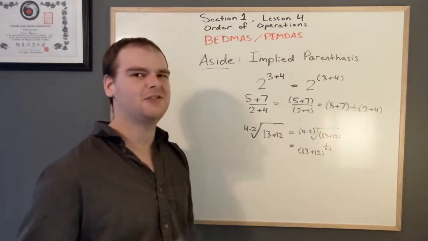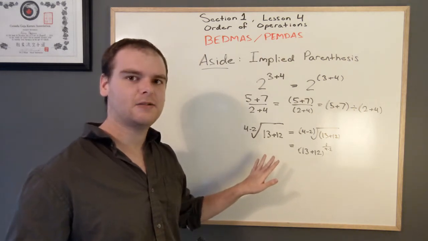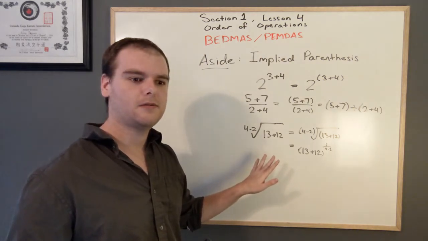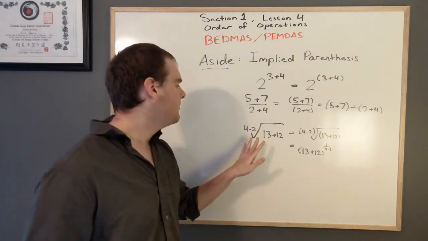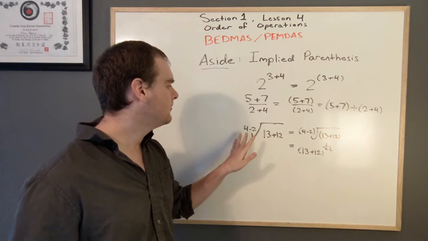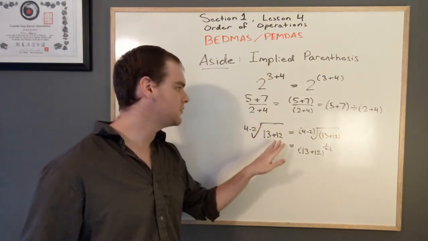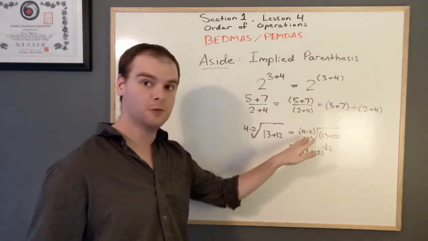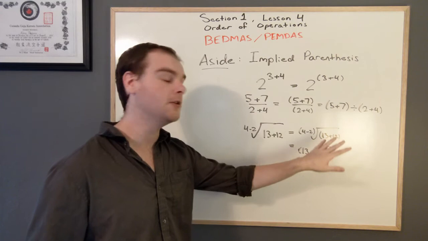Now that point kind of gets a little bit foggy here. I'm not sure of the exact way a teacher that was picky about it would choose, but if you had a 4 minus 2th root of 13 plus 12, well, the root has a set of brackets as well as the base inside of the root.